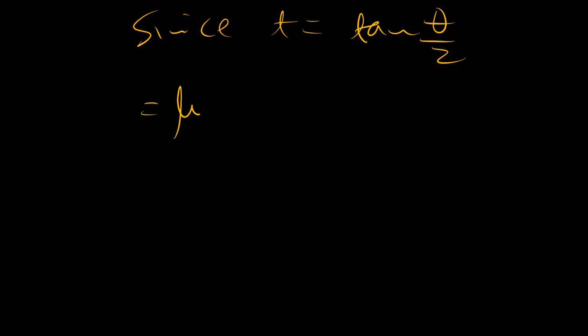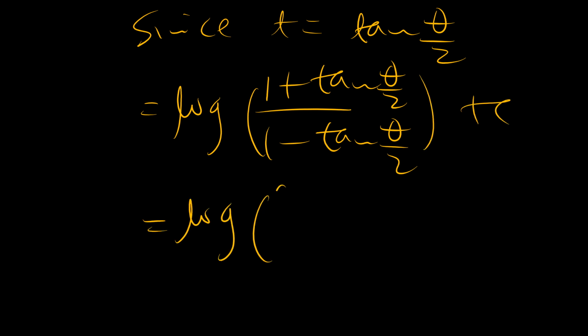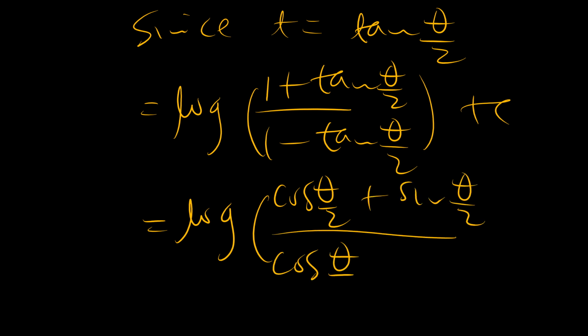And since t is equal to tangent of theta over 2, the integral becomes log of 1 plus tangent theta over 2 over 1 minus tangent theta over 2 plus c, which is the same as log of cosine theta over 2 plus sine theta over 2 over cosine theta over 2 minus sine theta over 2 plus c.